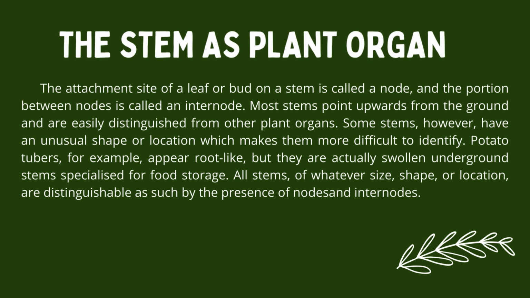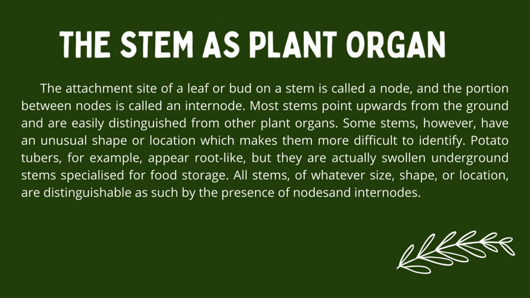The stem as plant organ. The attachment site of a leaf or bud on a stem is called a node, and the portion between nodes is called an internode. Most stems point upwards from the ground and are easily distinguished from other plant organs. Some stems, however, have an unusual shape or location which makes them more difficult to identify.